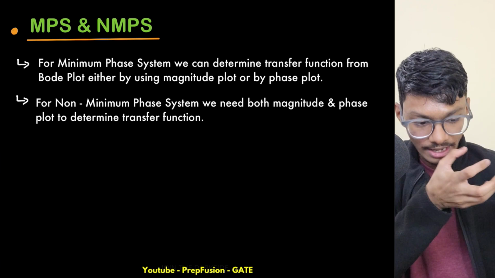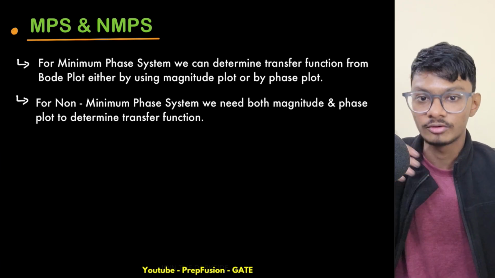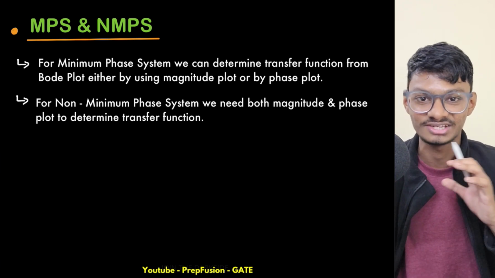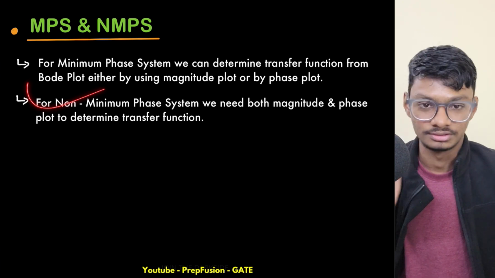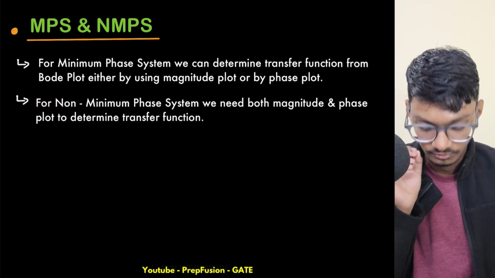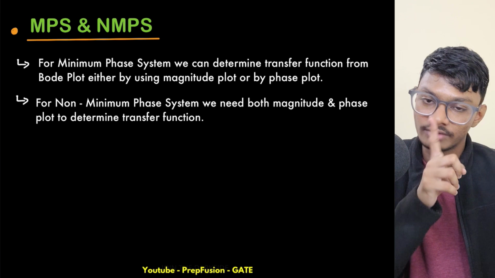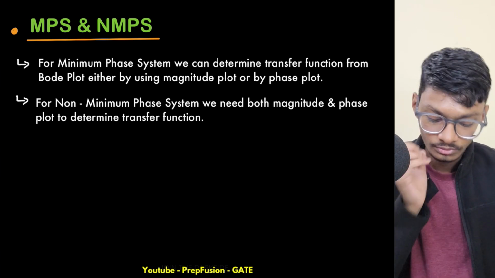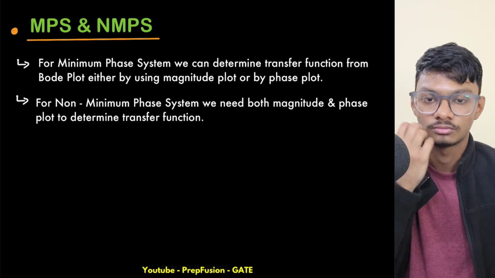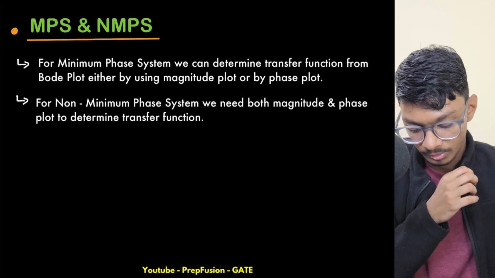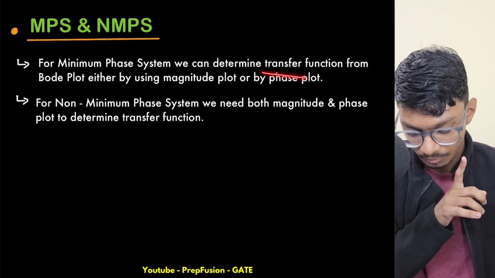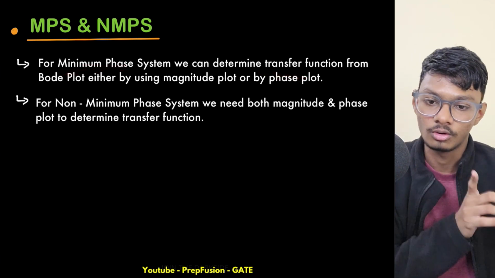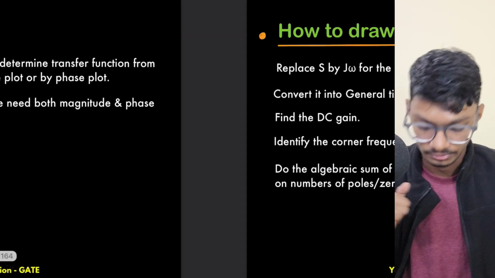That is known as efficiency, right? That is why we have only one of them, and through one of them we want to give more information. So to give more information, we will only be able to determine it for minimum phase system and not for non-minimum phase system. So this is an important point.